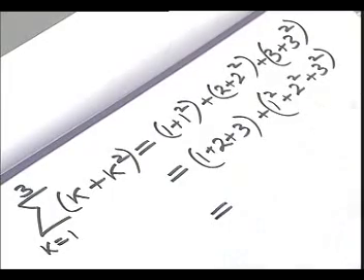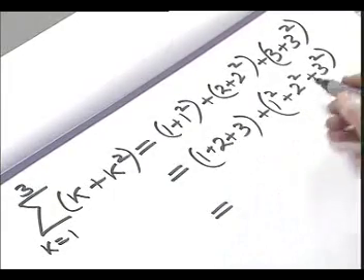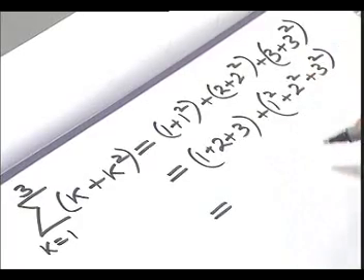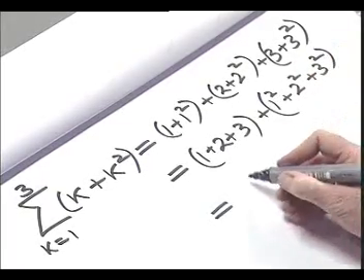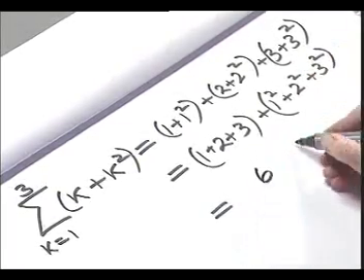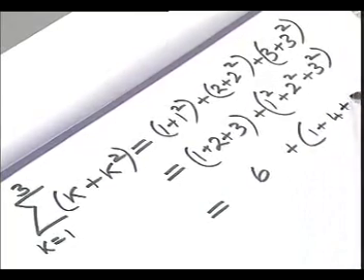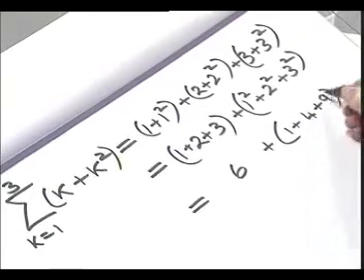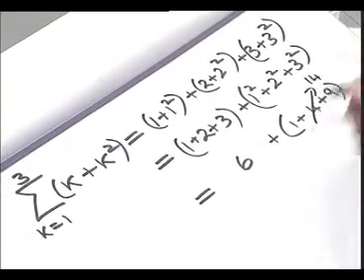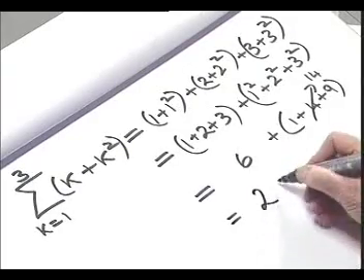When we add these together, we just add them up and square. 1 plus 2 plus 3 is 6. 1 squared is 1, 2 squared is 4, 3 squared is 9. Add that together, that gives you 14. 6 plus 14 is 20.